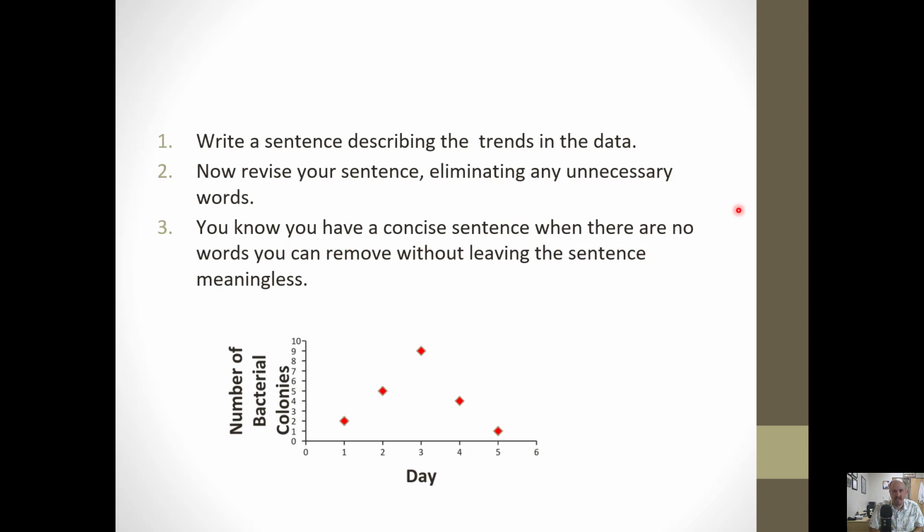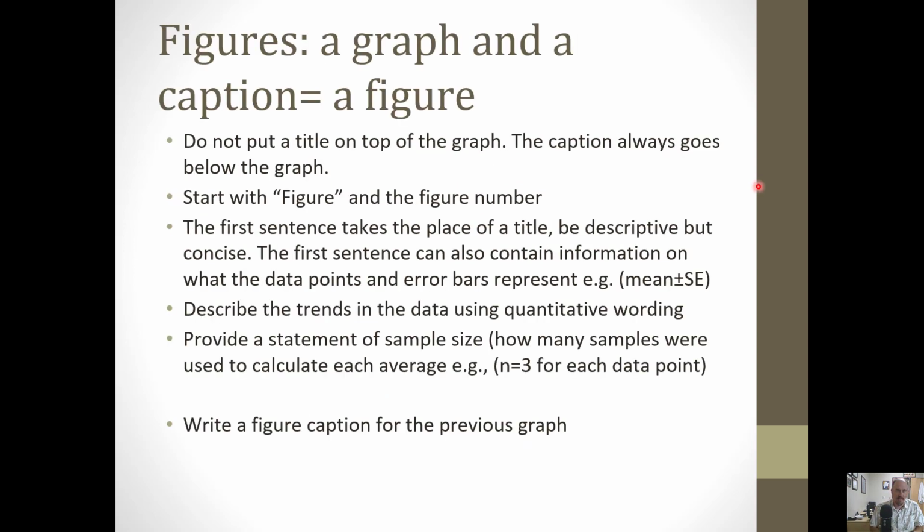You know you have a concise sentence when there are no words you can remove without leaving the sentence meaningless. So if you have a lot of extra words in there, now's the time to practice cleaning that up. Once again, I have information in the back of the manual around page 77 on what goes into a figure caption. There are lots of things that go into a caption.